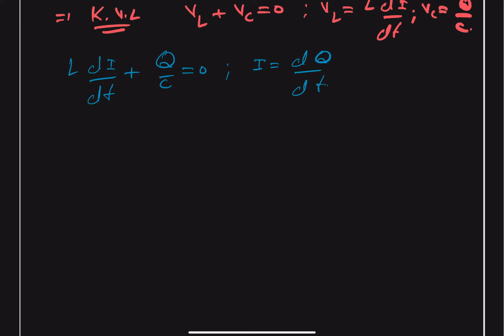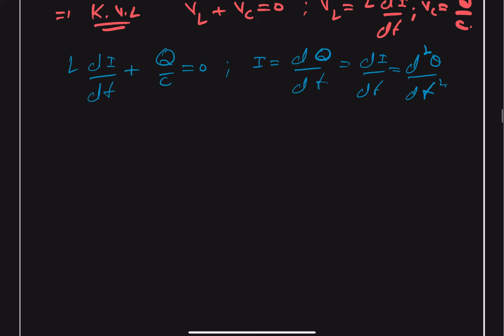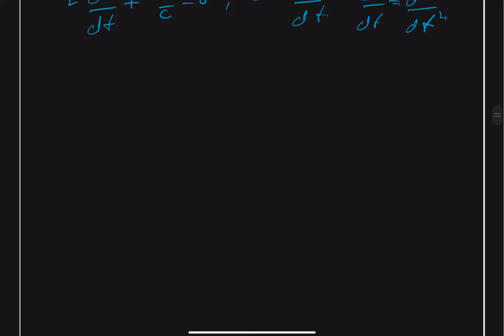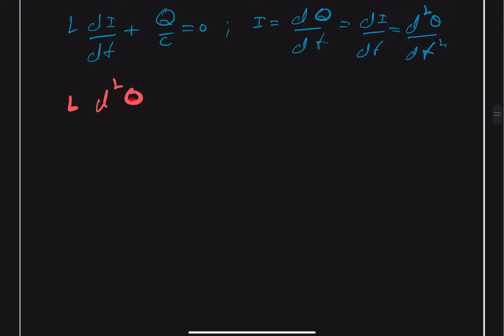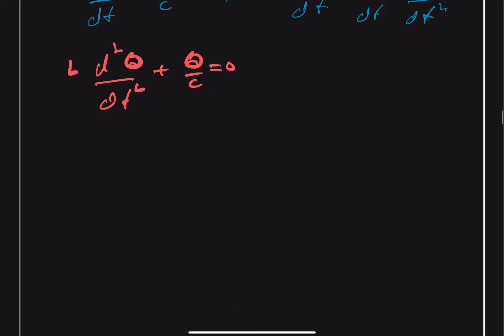So di upon dt is a double derivative of the charge. Substituting, we get L times the double derivative of charge plus Q upon C is equal to 0, and this gives us that the double derivative of charge will be equal to minus 1 upon LC multiplied by Q.